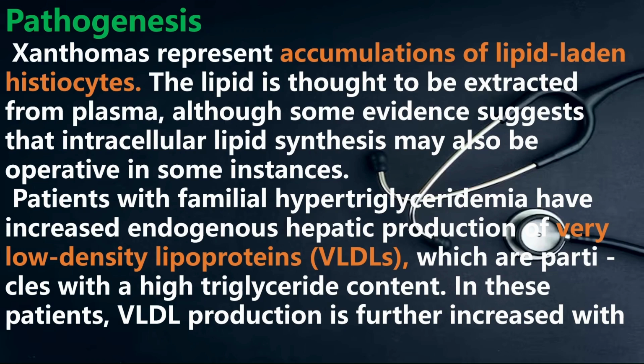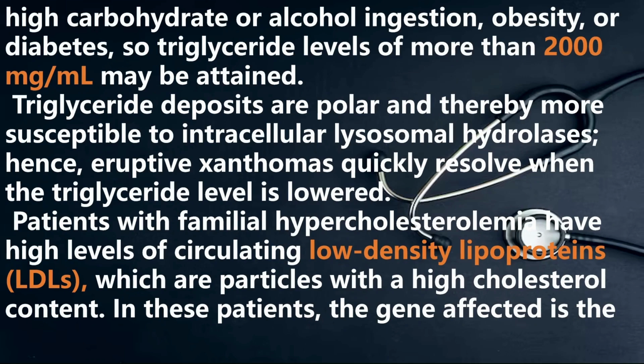In these patients, VLDL production is further increased with high carbohydrate or alcohol ingestion, obesity or diabetes, and triglyceride levels of more than 2000 mg per milliliter may be attained.